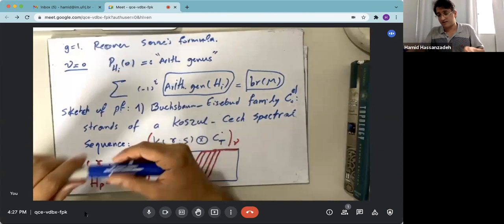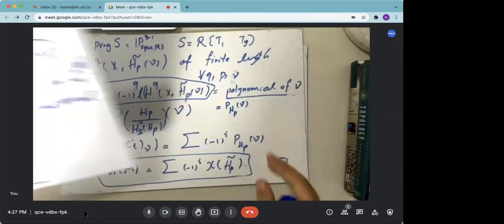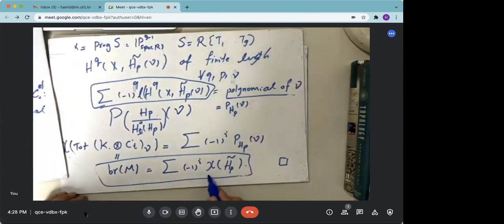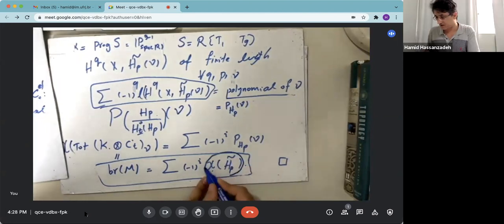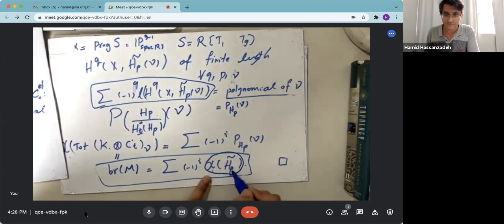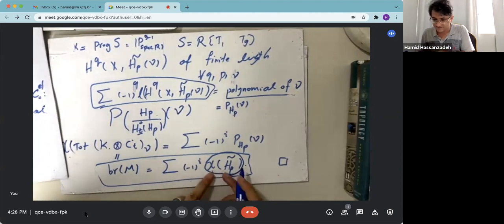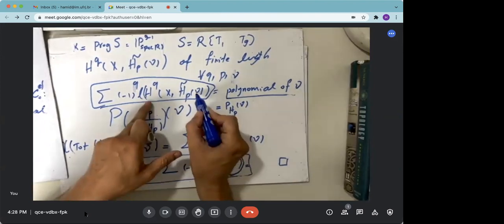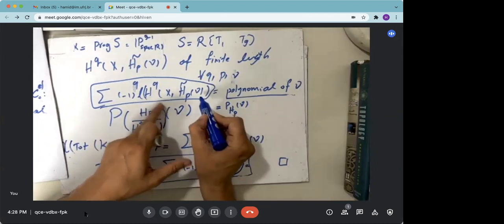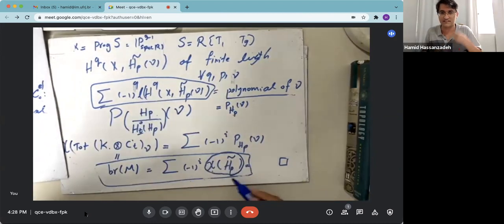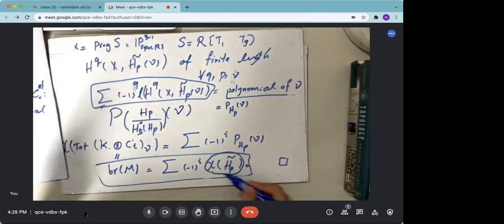Sure. You know, what I would say more correctly is the Euler characteristic of the sheaf. I would say that because this is the sum of these terms, then this is equal to 0, then I call this the arithmetic. This is the Euler characteristic of this.